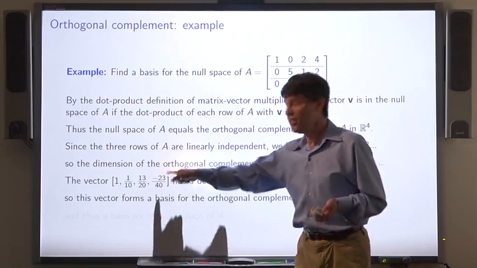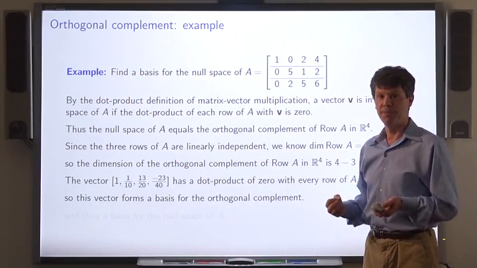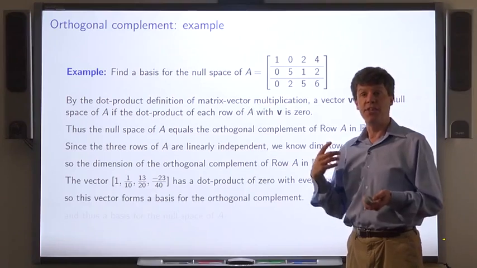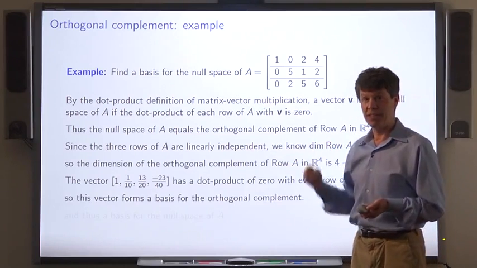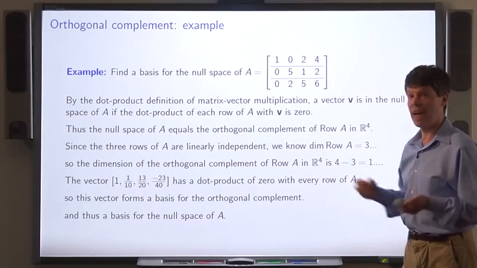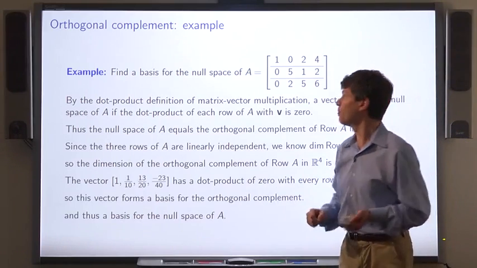So this vector forms a basis for the orthogonal complement. It's definitely in the orthogonal complement, and the space it spans has the right dimension. So the space it spans must, in fact, be the orthogonal complement. So we found a basis for the null space of this matrix A.